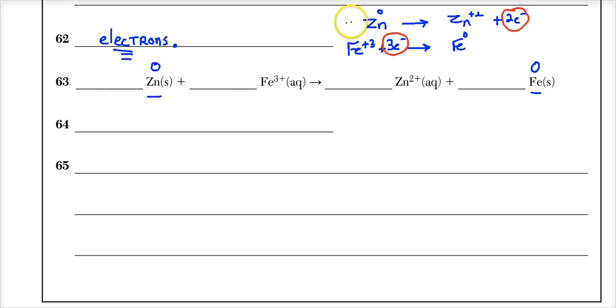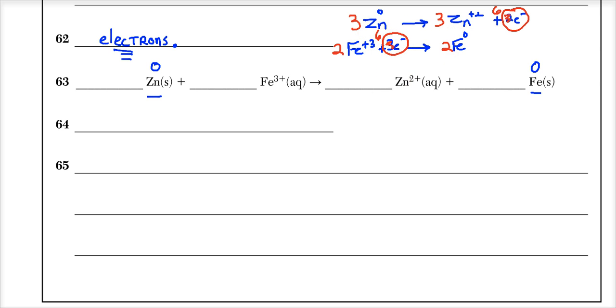So I'm going to multiply and distribute 3 right across everything here to give me 6 electrons. So 3 times 1 is 3, 3 times 1 is 3, 3 times 2 is 6. That gives me 6 electrons. Now to get 6 electrons over here, I multiply everything by 2. 2 times 1 is 2, 2 times 3 is 6, and then 2 times 1 is 2.